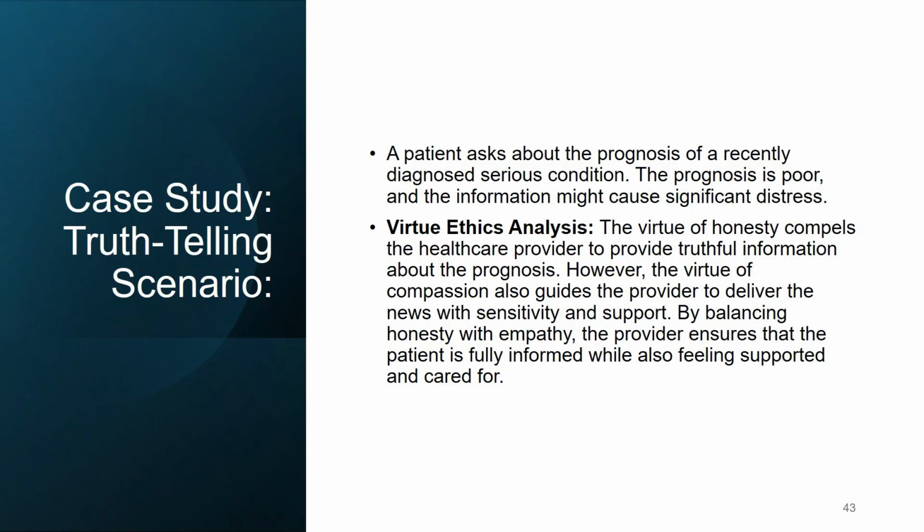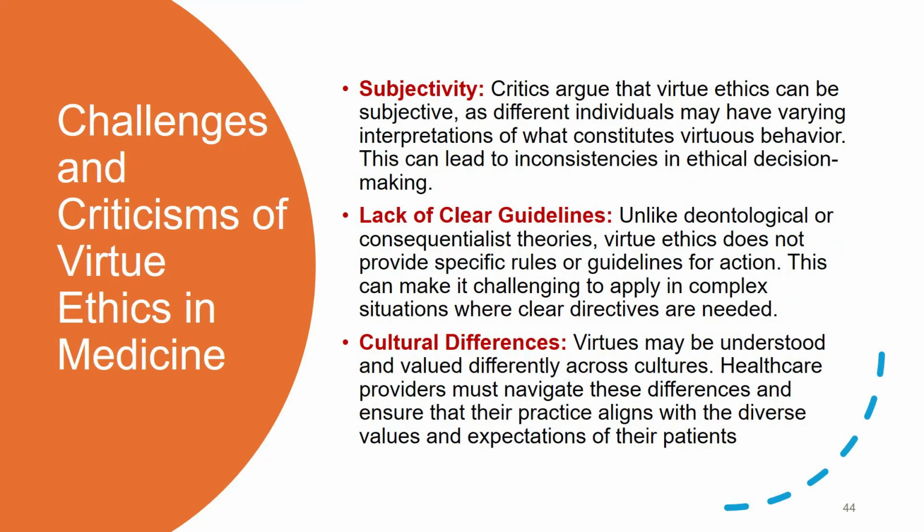However, the virtue of compassion also guides the provider to deliver the news with sensitivity and support. By balancing honesty with empathy, the provider ensures that the patient is fully informed while also feeling supported and cared for compassionately.